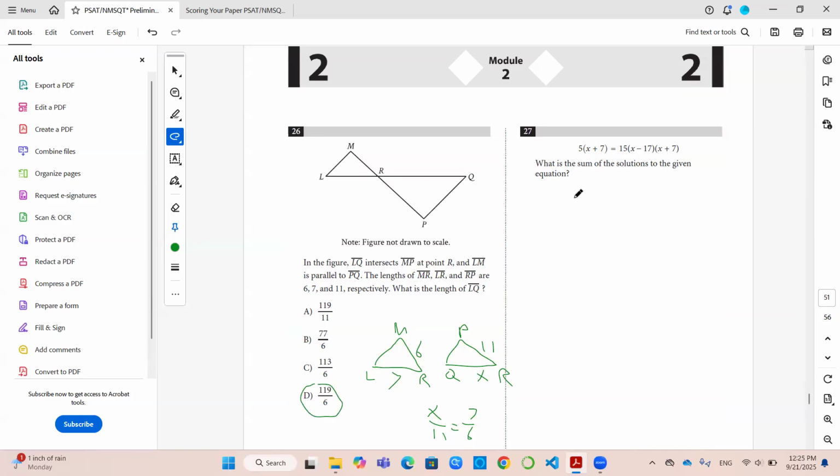What is the sum of the solutions to the given equation? So what we got to do here is solve for this. So it becomes 5x plus 35 is equal to 15x squared.